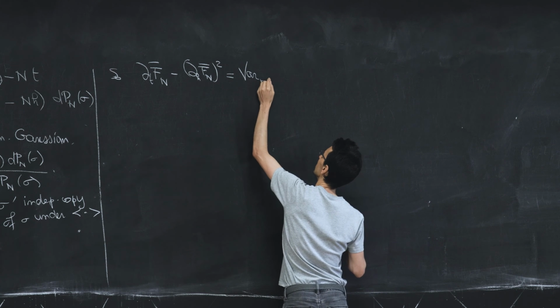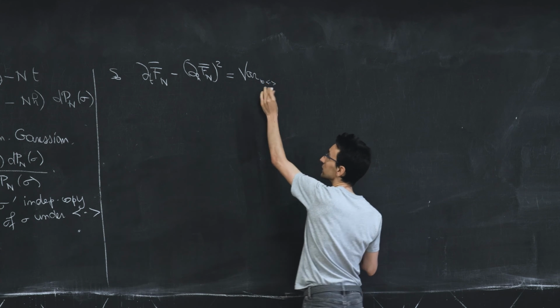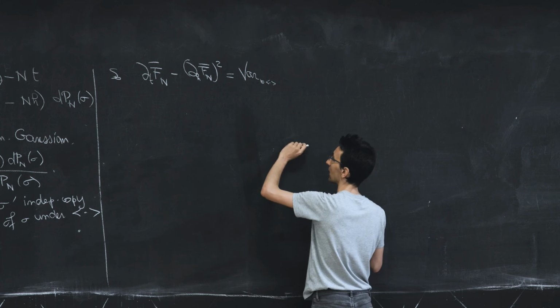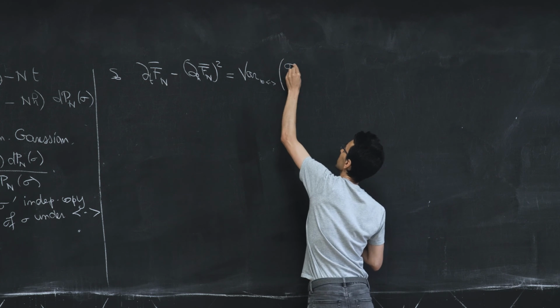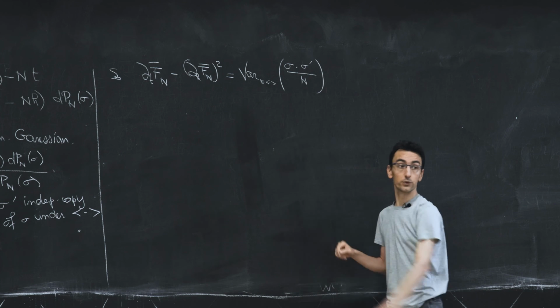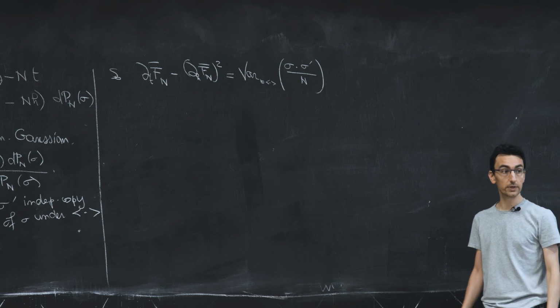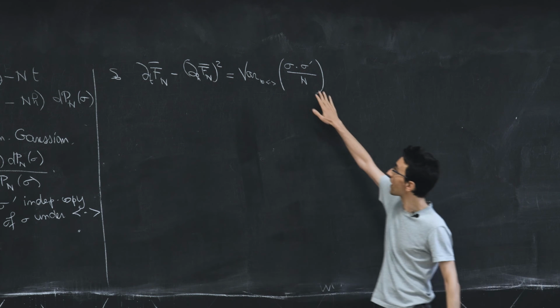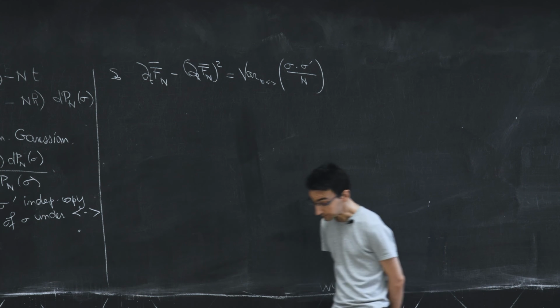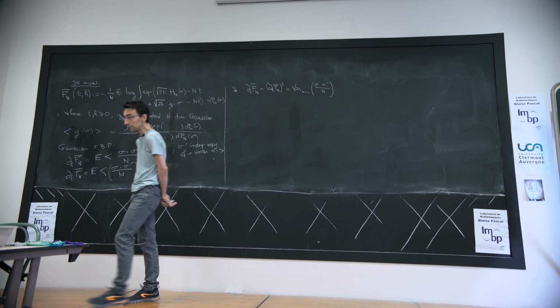But okay, it's just a bit of shorthand, to indicate that it's variance with respect to both probability measures that are around this. I'm going to call this the overlap, the scalar product between the two copies, these two replicas. We can call it the overlap between sigma and sigma prime. So we are there. And it looks pretty good.